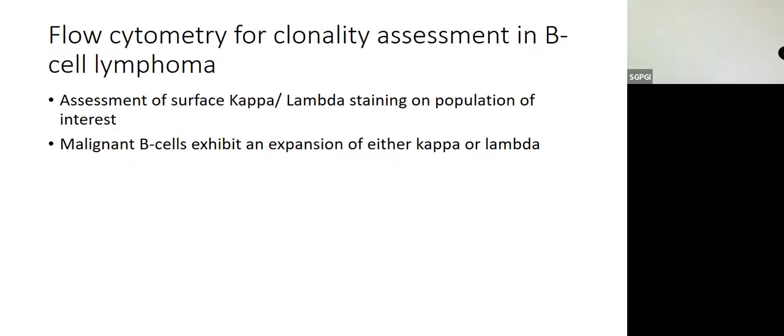When we talk about B cell lymphoma, the primary thing that we do for clonality assessment is assess surface kappa and lambda staining on the population of interest. Malignant B cells, as I just explained, would express either kappa or all of them will express lambda, right? Remember that in any sample, you will have some residual normal B cells remaining.